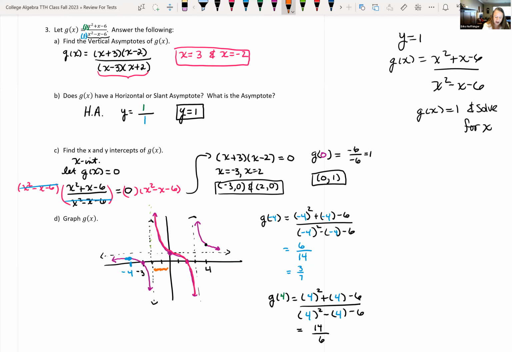So it would be impossible for this to turn back around and cross that x-axis there because there's no x-intercept. Knowing where my vertical and horizontal asymptotes were, I knew that had to be that shape in between. And if you're not sure, just plot 1 or 2 more points. Usually seeing 2 points on each side of a vertical asymptote, you can tell what's going on. So you can always plot a couple extra values.